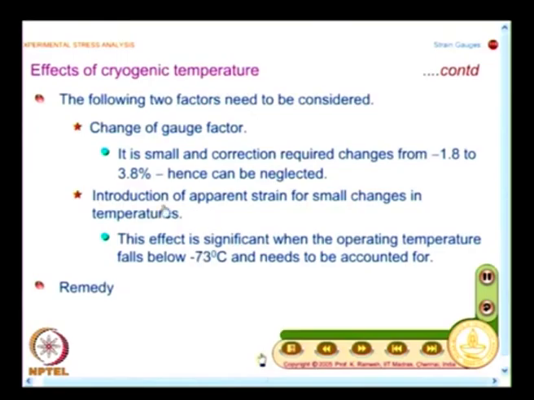So, you will have an introduction of apparent strain for small changes in temperature. There is a limit: up to minus 73 degree centigrade you can do one type of measurement, but below minus 73 degree centigrade a small change in temperature introduces a large value of apparent strain.